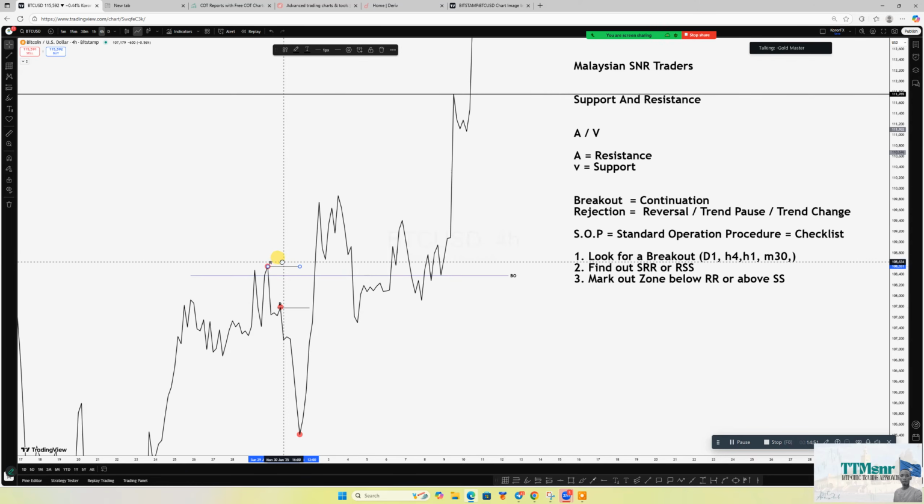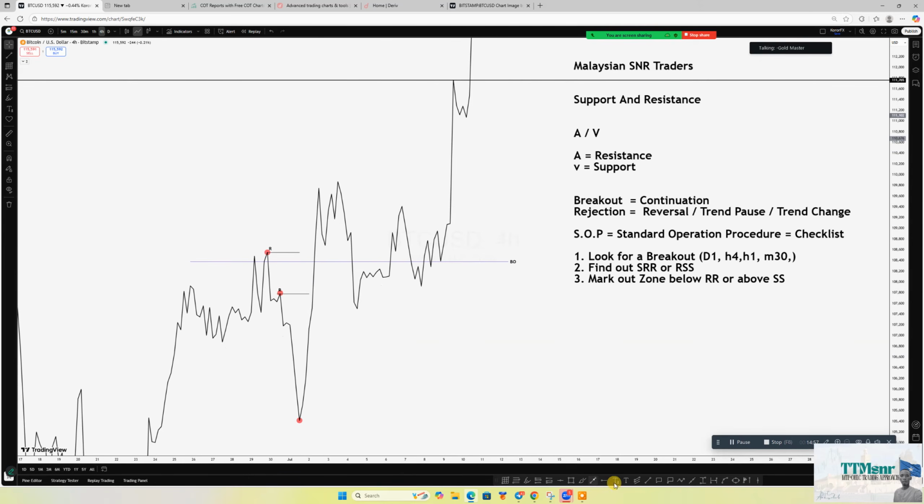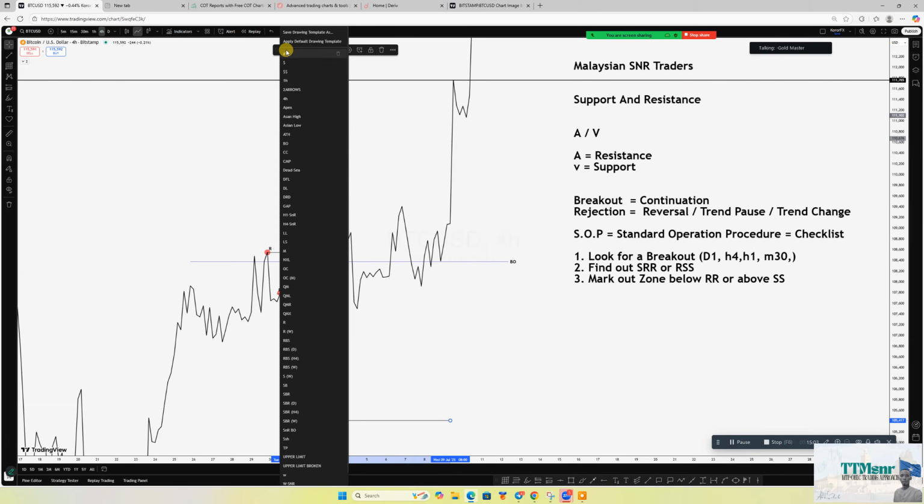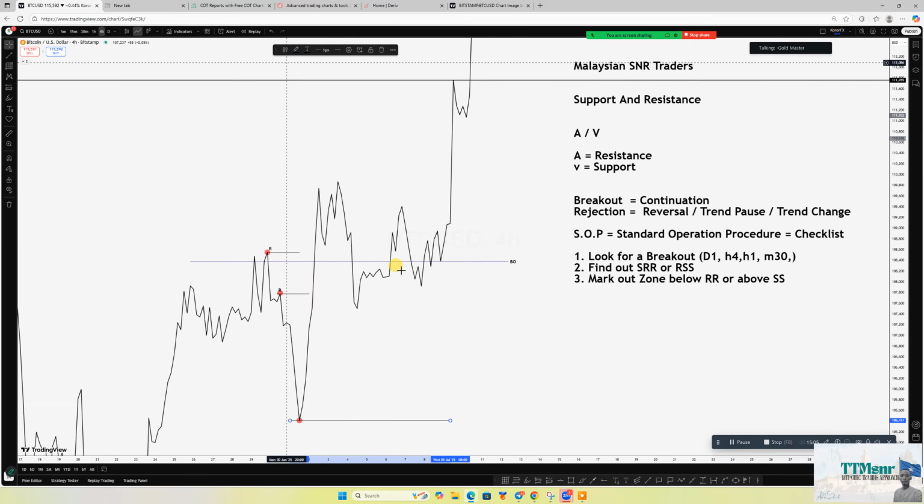So always select the last resistance that the market broke out, and then the first support that broke the market up higher. So this support level is breaking this last resistance.